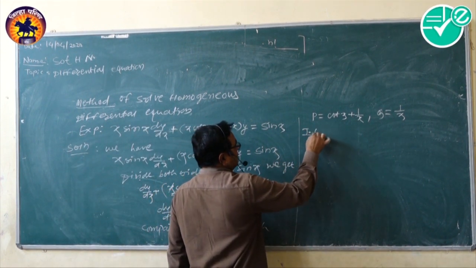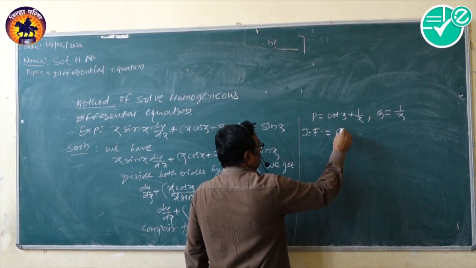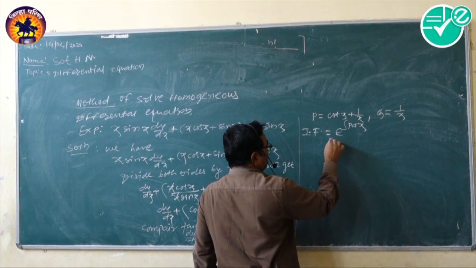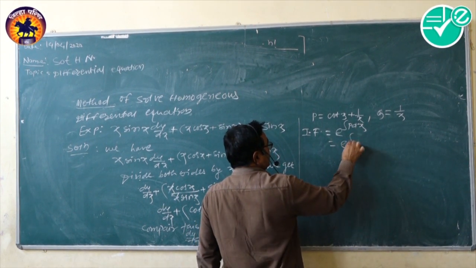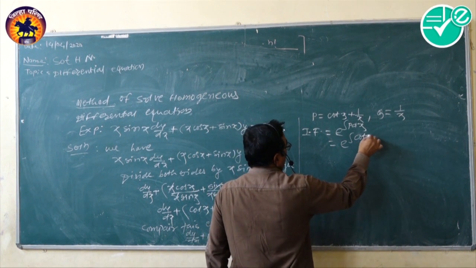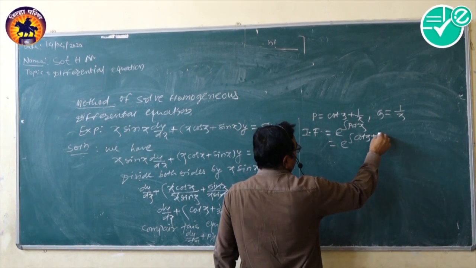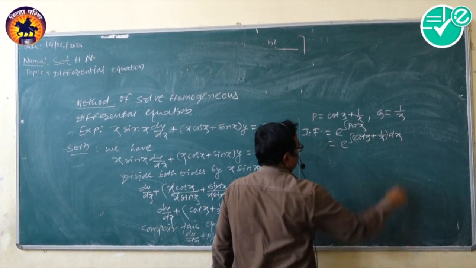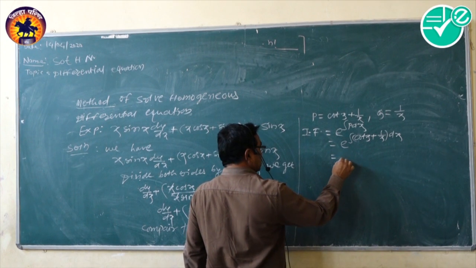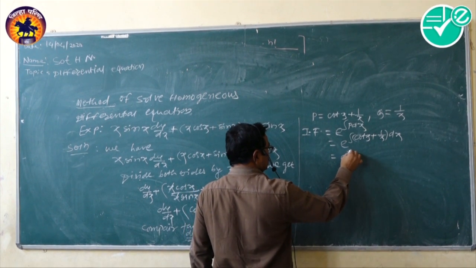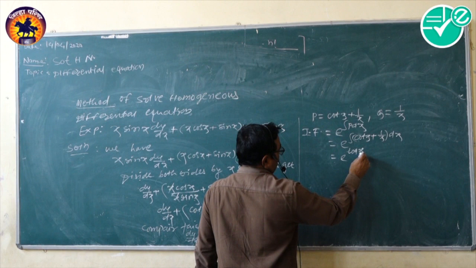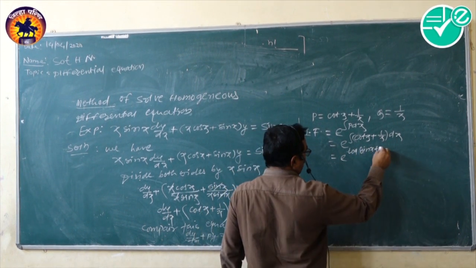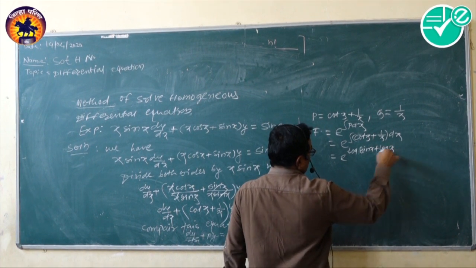Integrating factor, that is if equal to e raised to integration of p dx. This becomes e raised to integration of cot x plus 1 upon x dx. This becomes e raised to log of sin x plus log of x.